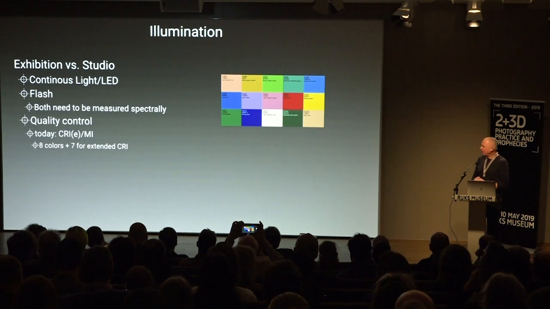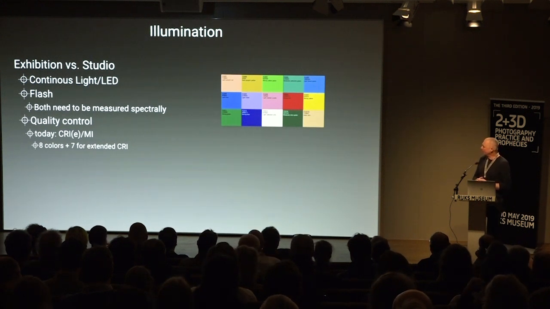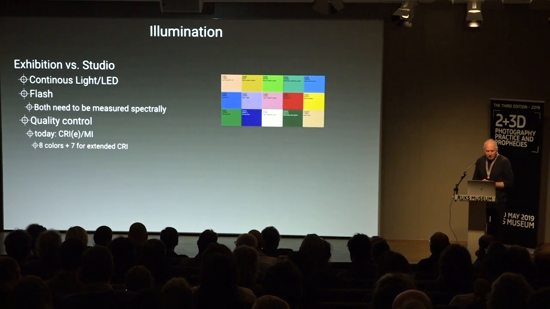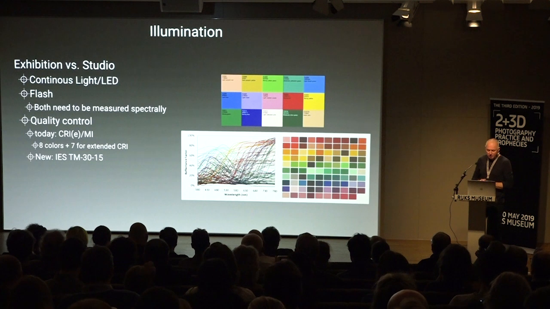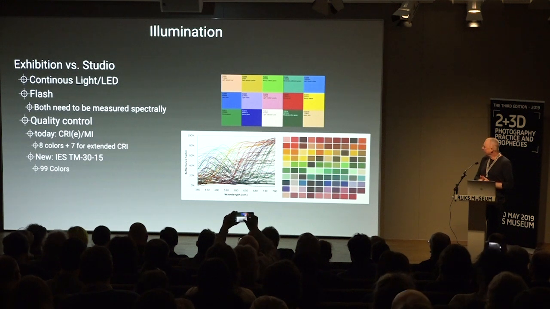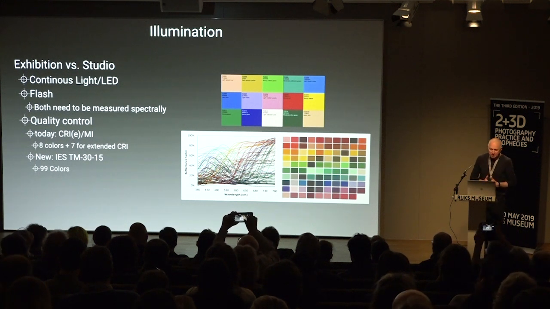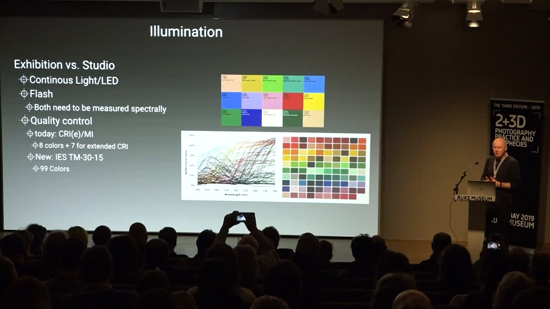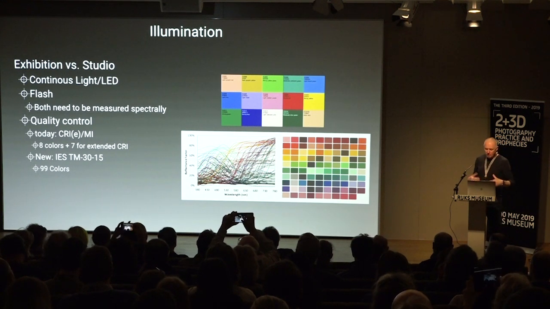It uses 8 plus 7 colors, 8 for the standard CRI, color rendering index, and 7 more for the extended color rendering index. But there is a new method, TM30-15, that uses 99 different spectra to judge the quality of color.